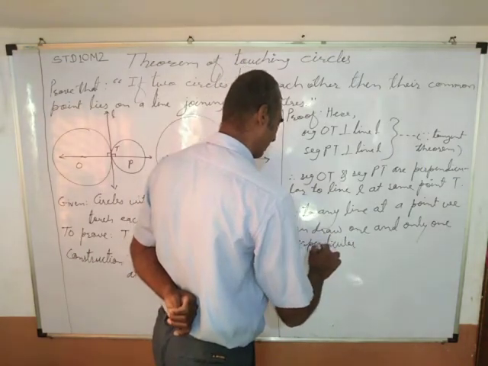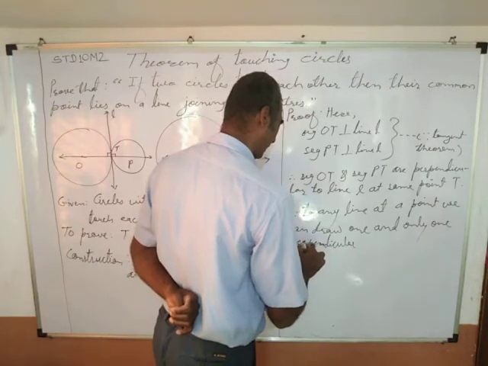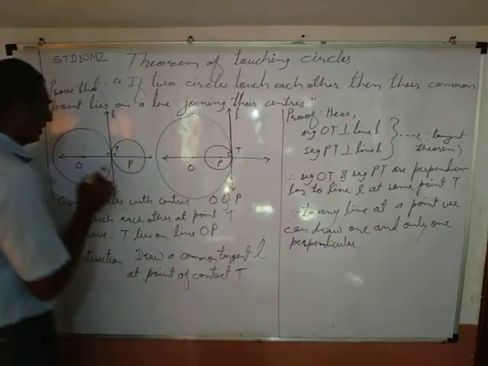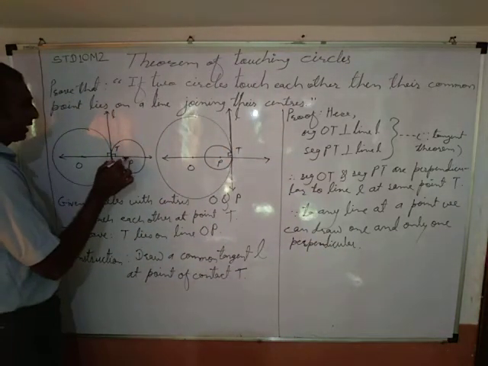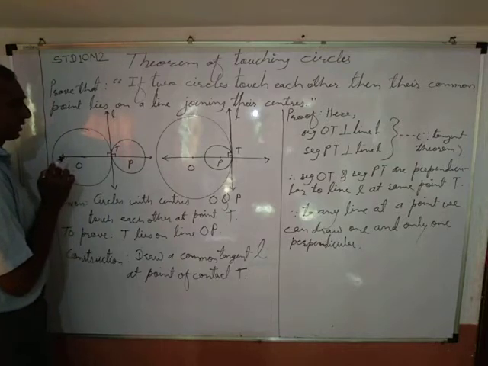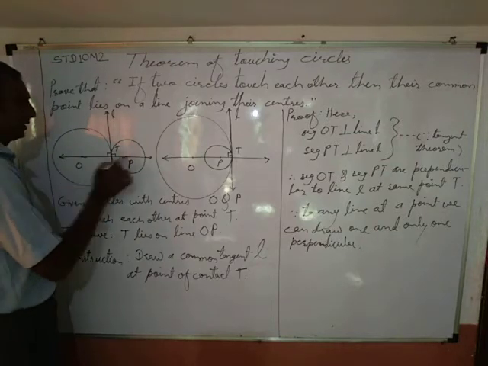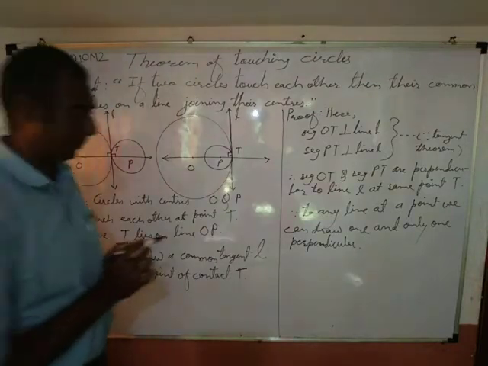Okay, one and only one perpendicular, and therefore line OT and line PT are not different lines, means these must be one and the same.